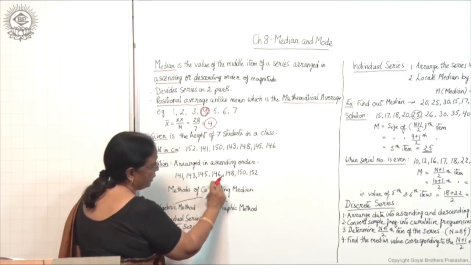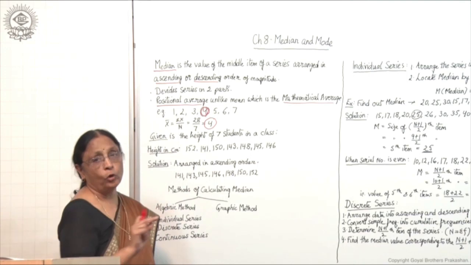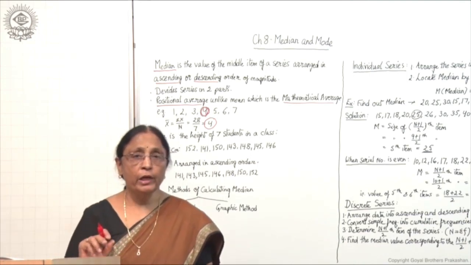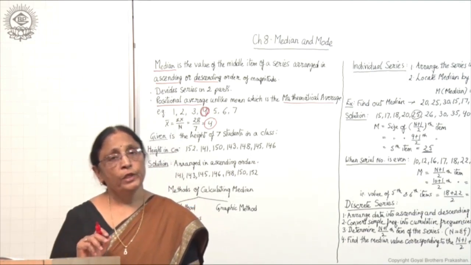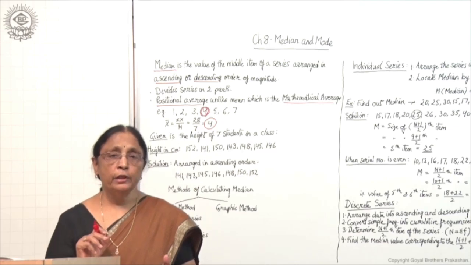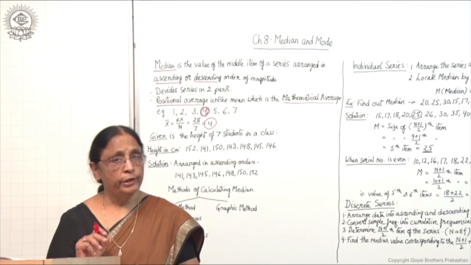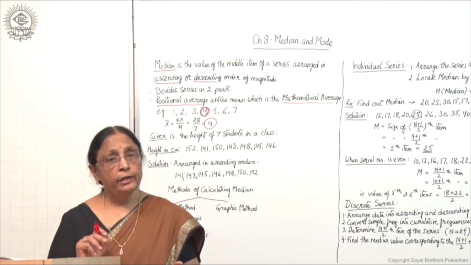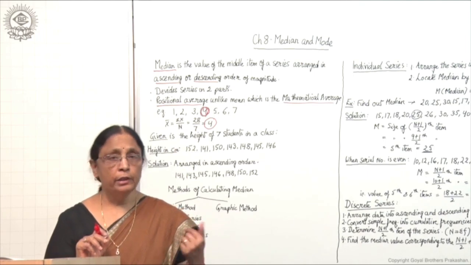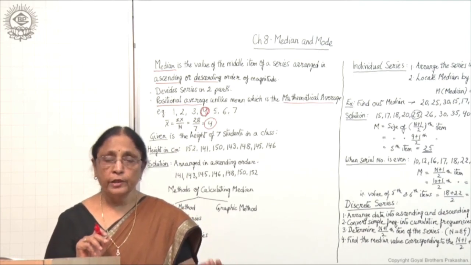Remember, whenever you are calculating median, first see whether the data is already arranged in ascending or descending order, then you need not change it. If it is not arranged properly, then according to your choice, arrange it first.